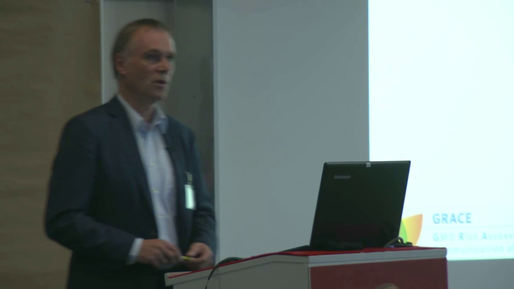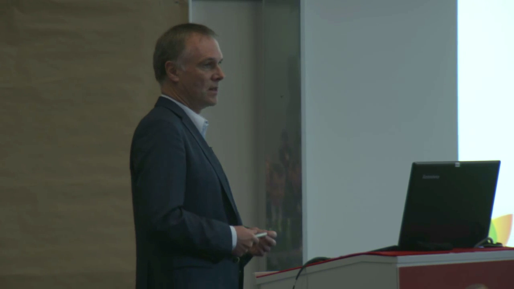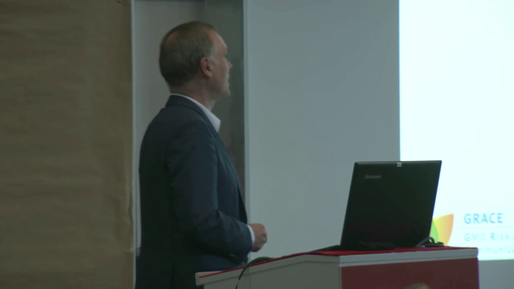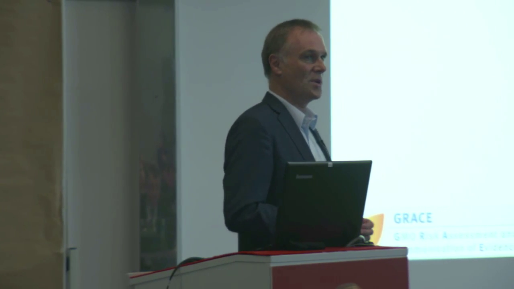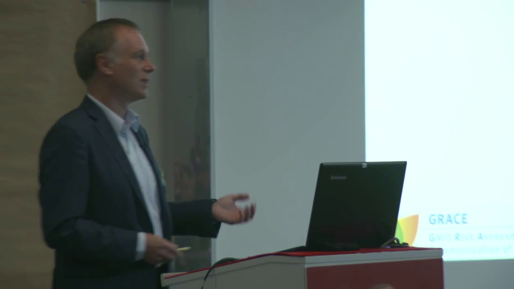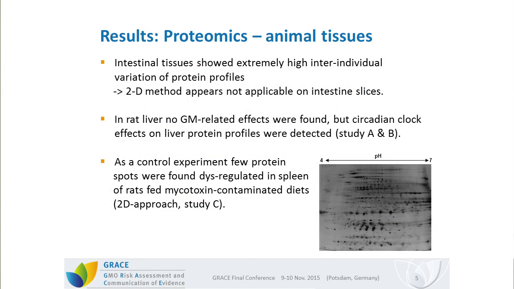If we look at the proteomics of these cells, we found that in the intestinal slices there was a high variation, that we could not find any way to equilibrate this, probably due to the microbiota which are highly changing between the individuals. So the 2D method, this 2D electrophoresis system to extract these patterns, indicated here as one example, is not applicable on intestine slices.